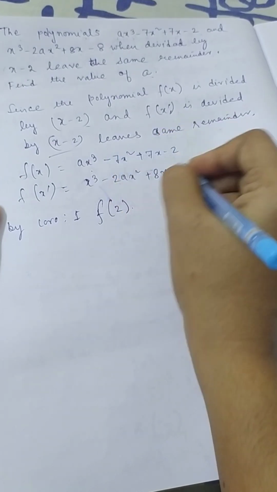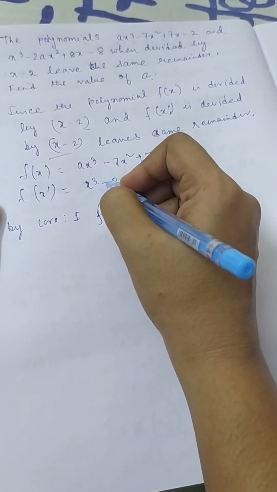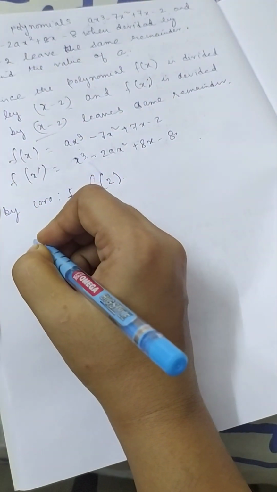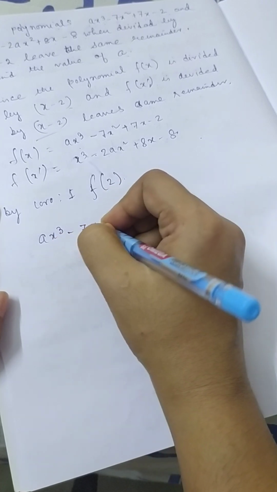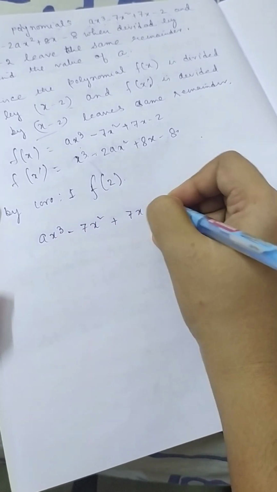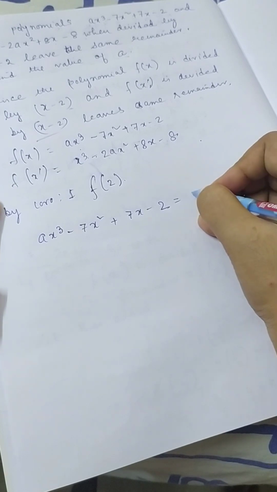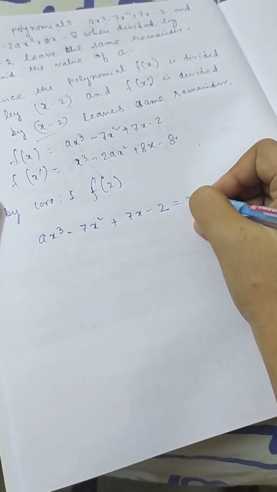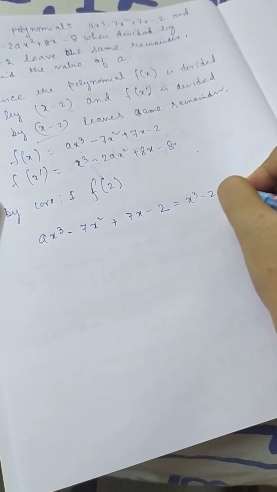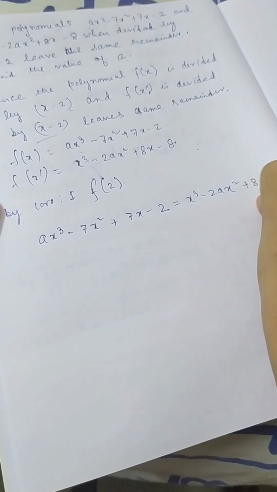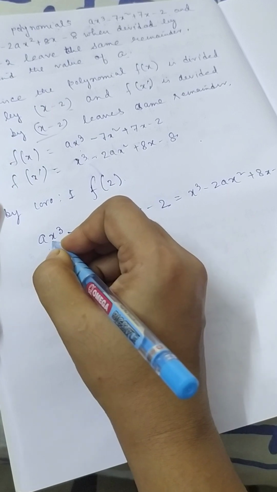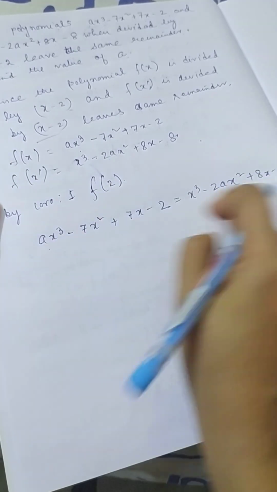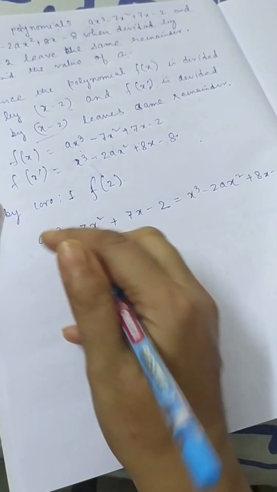As these two polynomials will leave the same remainder, I can write that ax cube minus 7x square plus 7x minus 2 is equal to x cube minus 2x square plus 8x minus 8. But two polynomials leave the same remainder, so I will put the same value 2 in these two equations and the remainder will be the same.